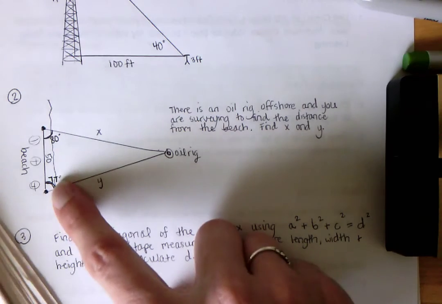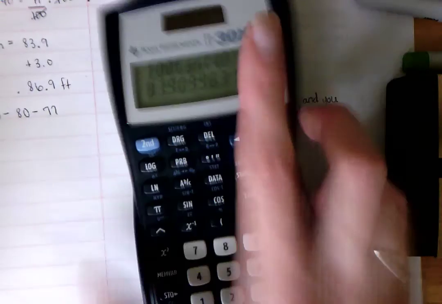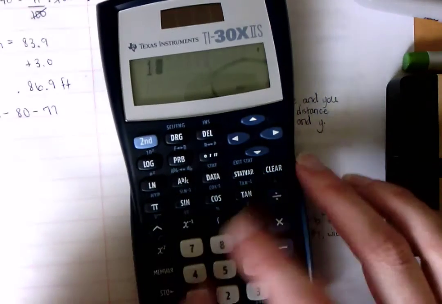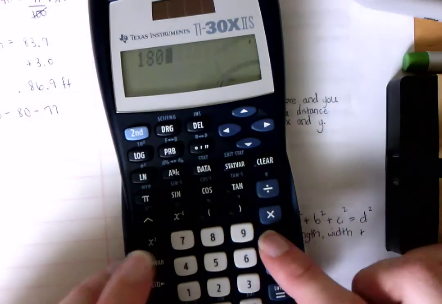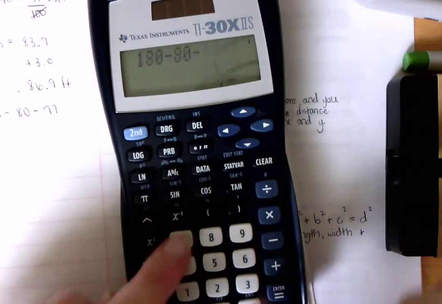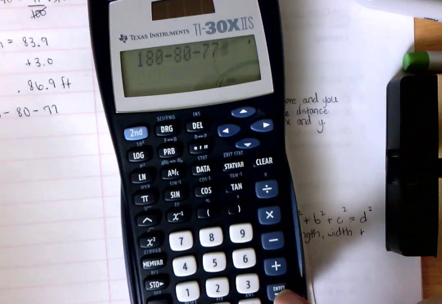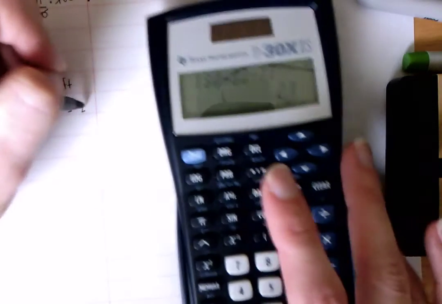So we're just subtracting that. We can actually do this in our head: 180 minus 80 is 100. And then if you subtract 77 more, you should get 23. So indeed, we get 23 degrees here.